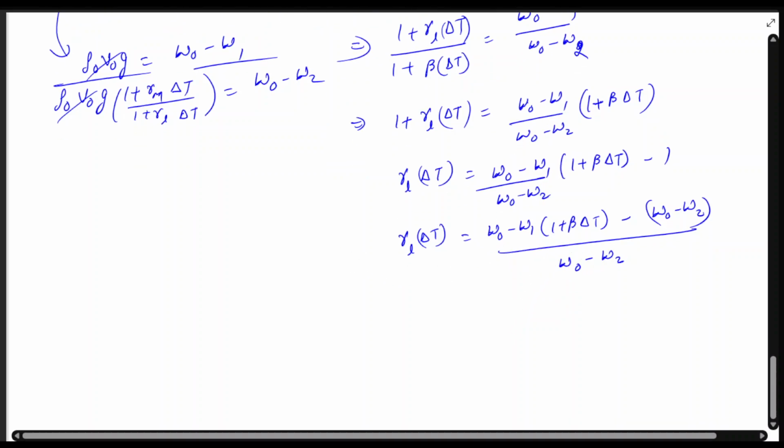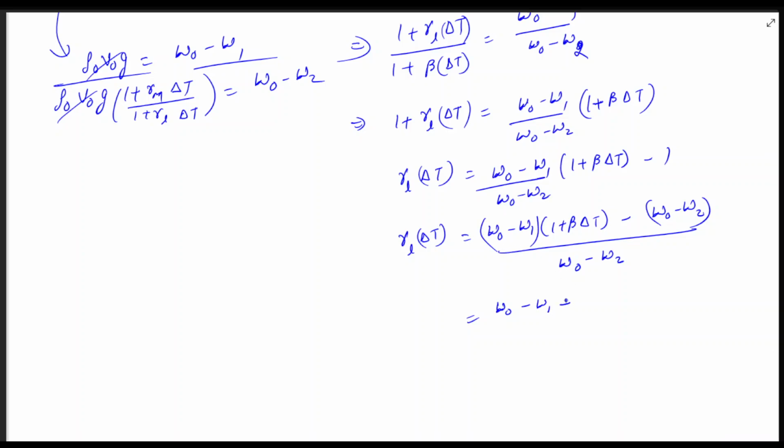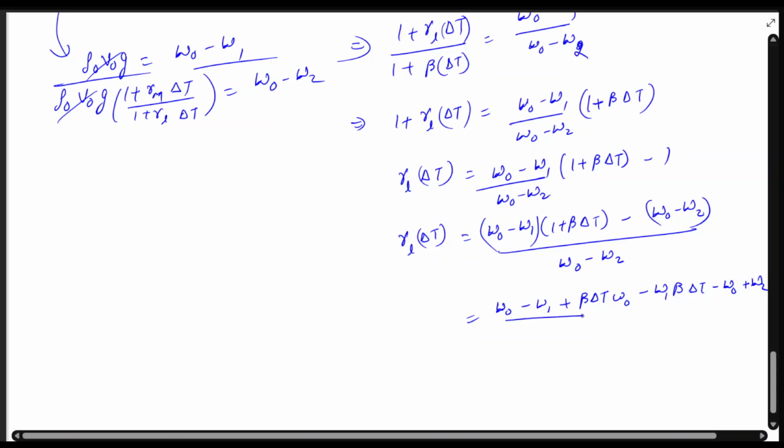Let's solve them: W naught minus W1 plus beta delta T into W naught minus W1, minus W naught plus W2, divided by W naught minus W2.